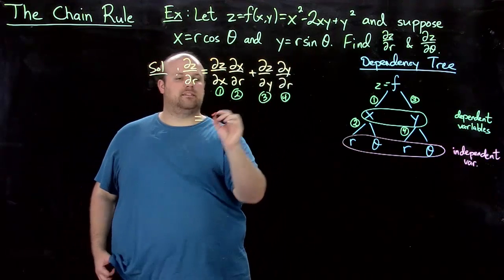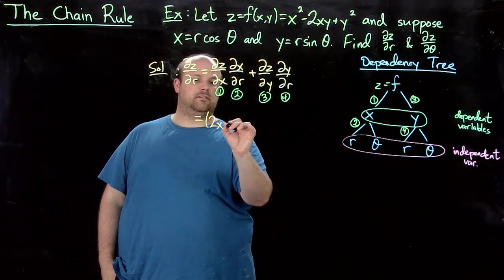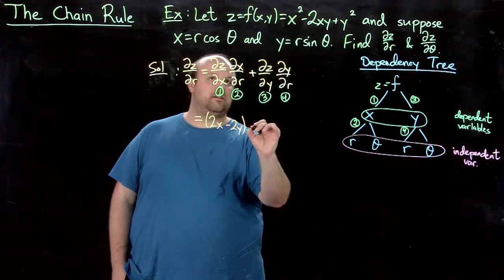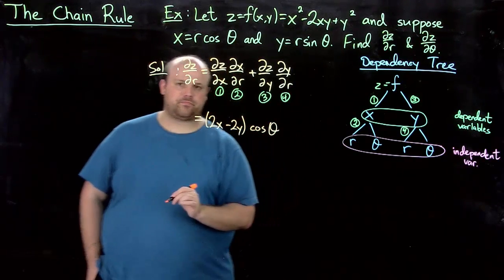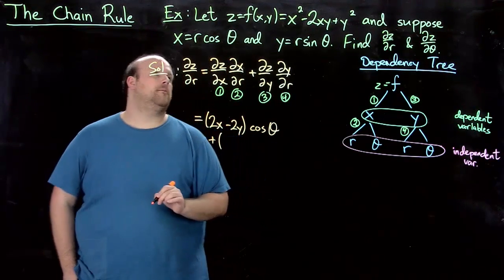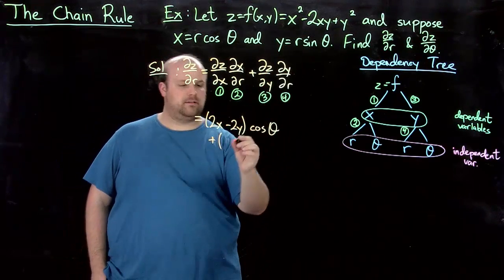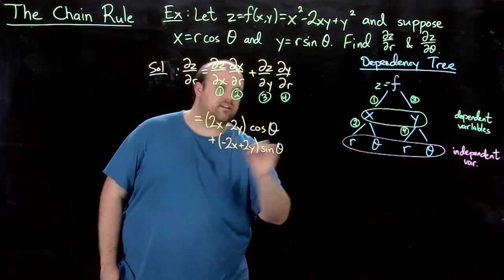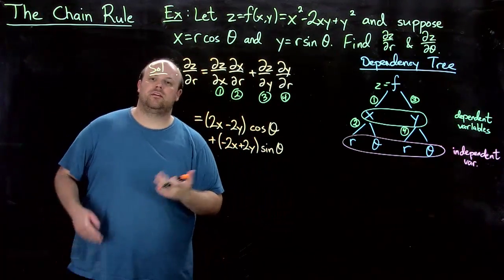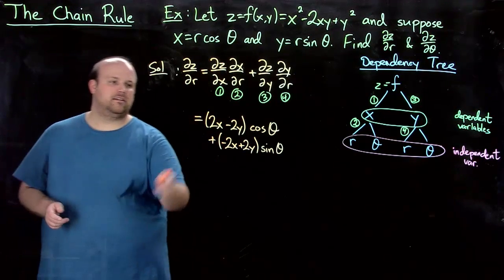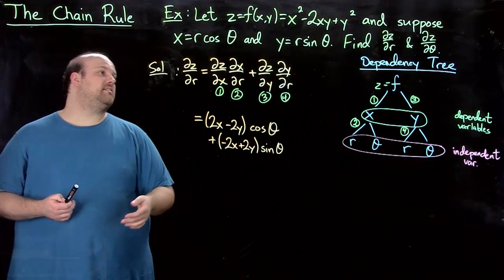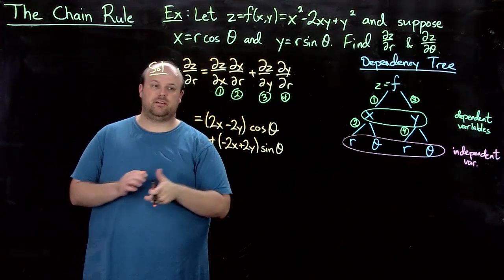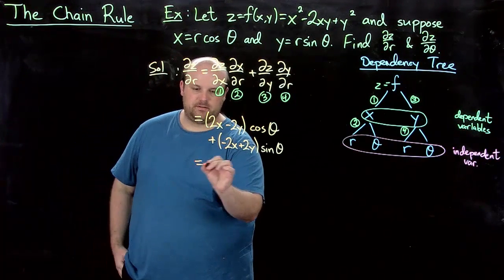So dz dx is going to be 2x minus 2y. Then dx dr is cosine theta, plus dz dy, which is minus 2x plus 2y, and then sine theta for dy dr. And then you see we're back where we were. Now we can just plug in x and y here and get the same thing as last time.